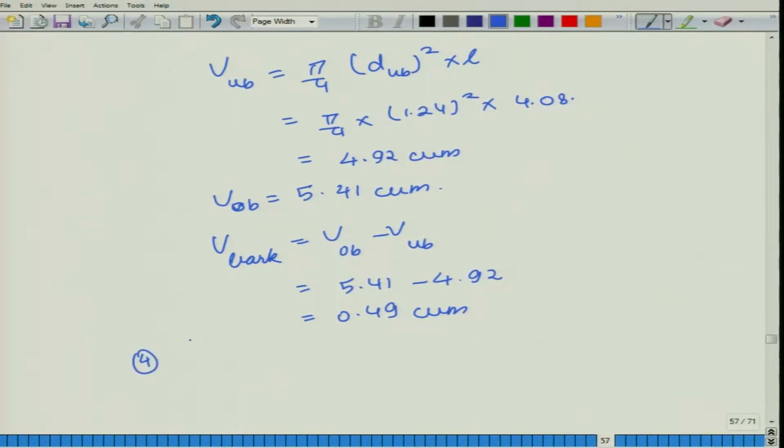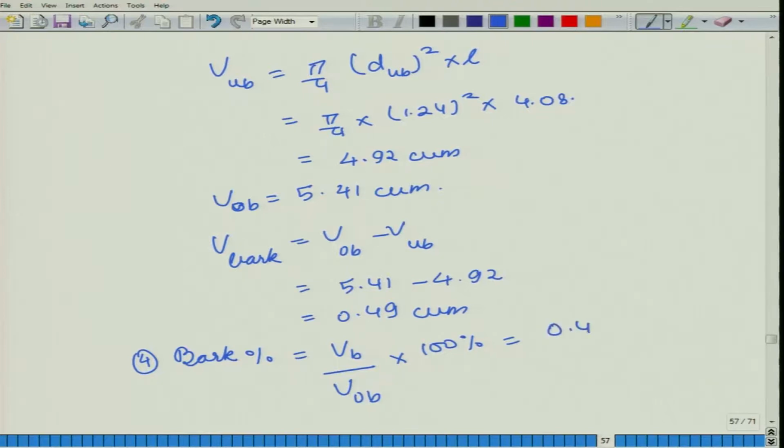Now, the next thing that we want to calculate is the bark percentage. So, the bark percentage is the volume of the bark divided by the volume of the whole log, which is the over bark volume, into 100%.